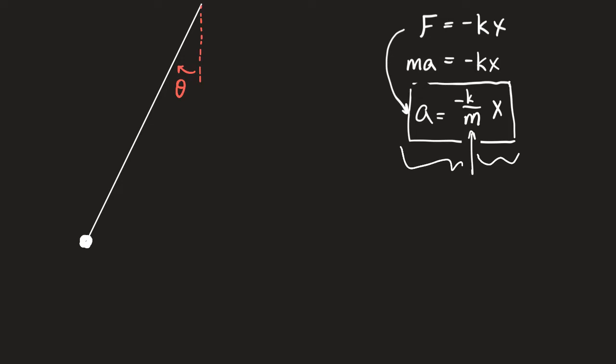Now, I want to be very clear. Let's say that theta in this case would be positive in that direction, which would mean anything going in this direction would be negative. That okay? Just establishing direction.